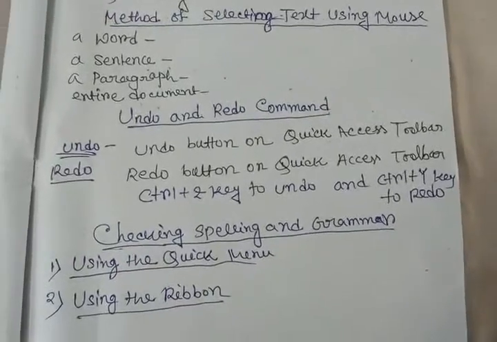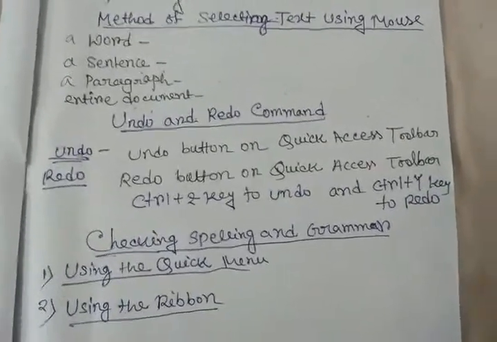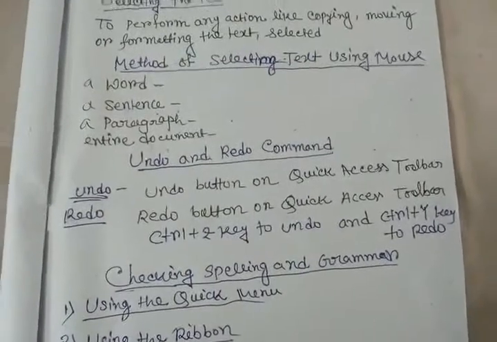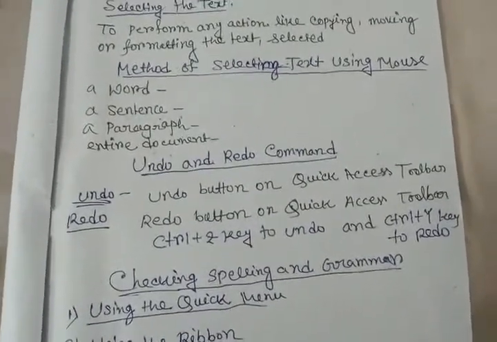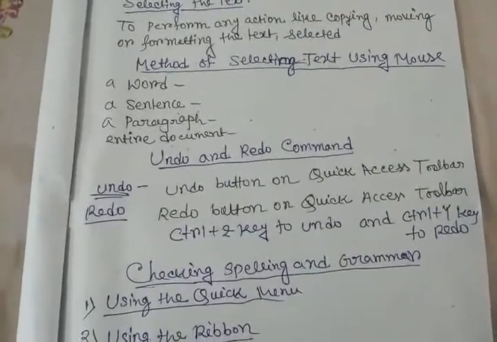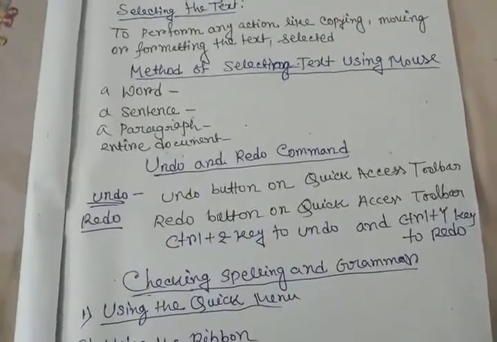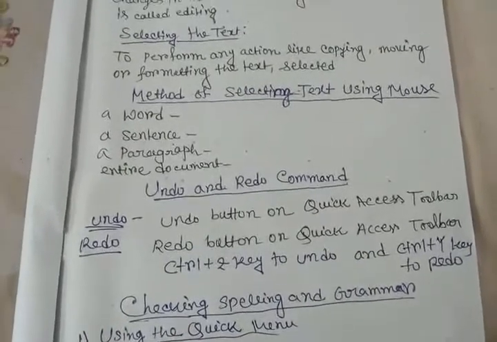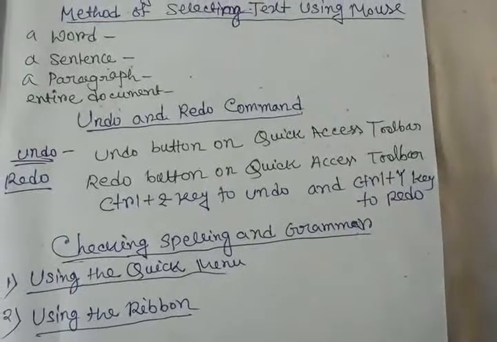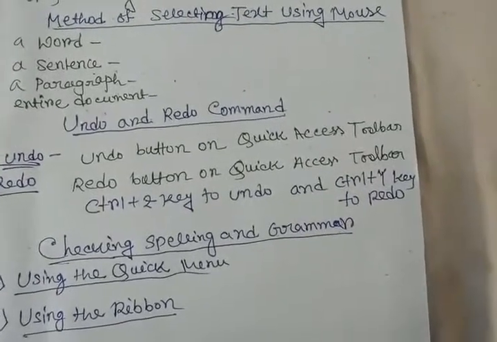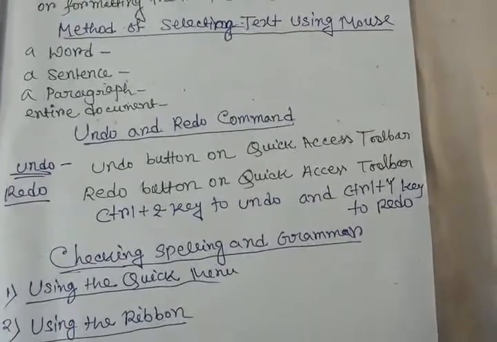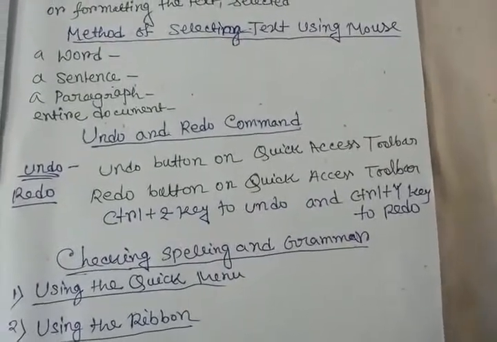After the selection of any portion of a document, you can make changes, and you can reverse them using the undo command. The undo command in MS Word allows you to reverse the changes that you have done. To do undo, you have to press the undo button on the quick access toolbar.